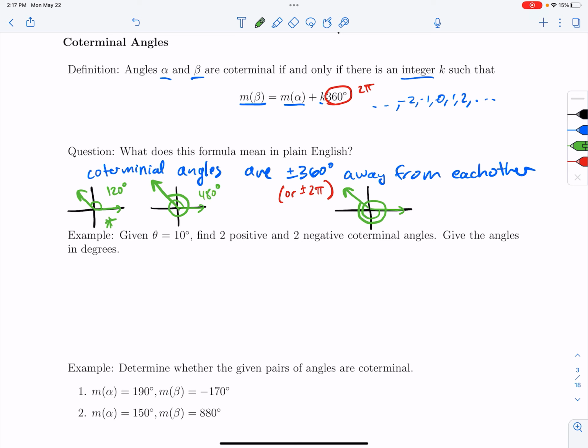So 480 and 120 are coterminal to each other. For that last angle, I start with 120, but then I subtract 360, which gives me negative 240 degrees. So that angle is also coterminal to those other two. The language I sometimes use is, coterminal angles are multiples of 360 degrees away from each other.